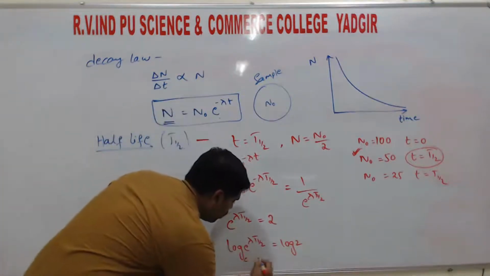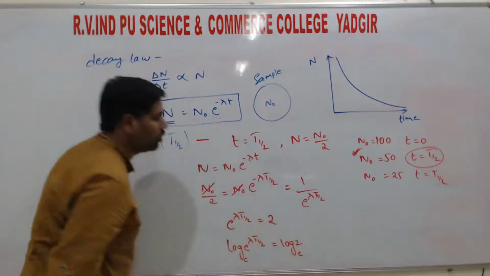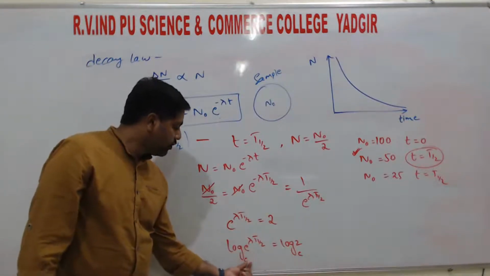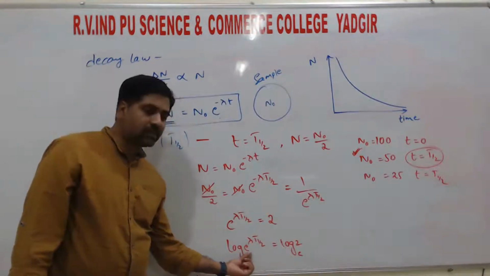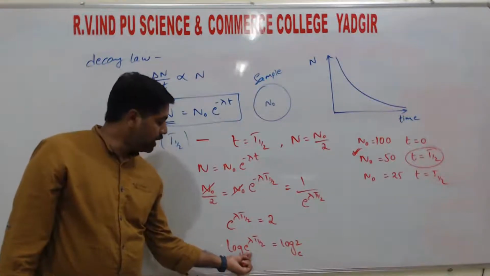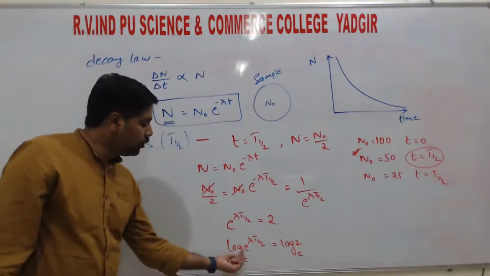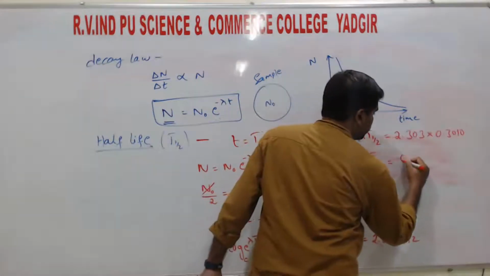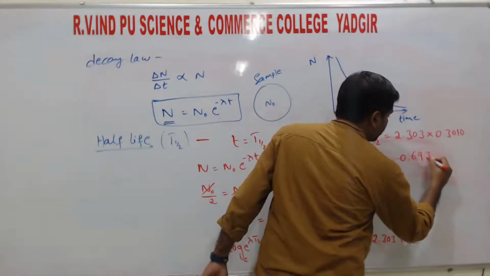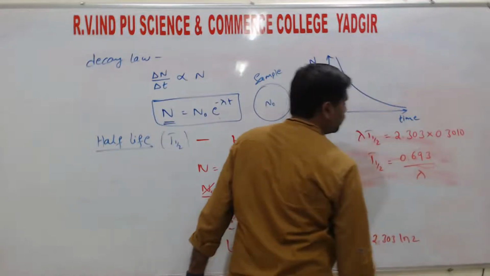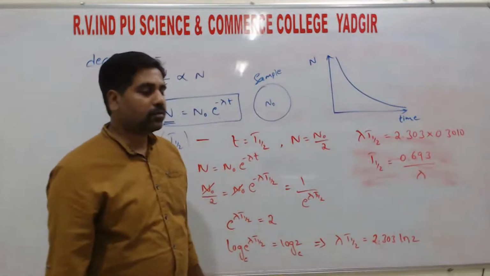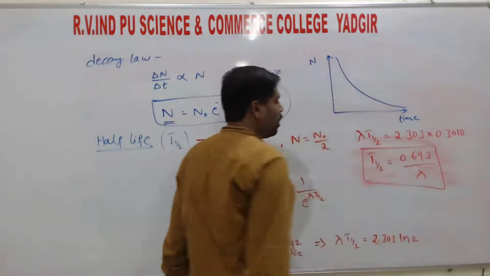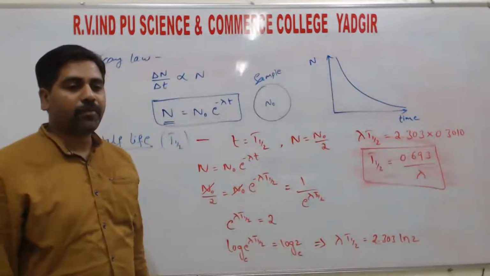Here the log base e and the base of the power are the same, so that becomes 1, giving lambda T half equals 0.693, so T half equals 0.693 divided by lambda, right? This gives the half-life of a radioactive sample.